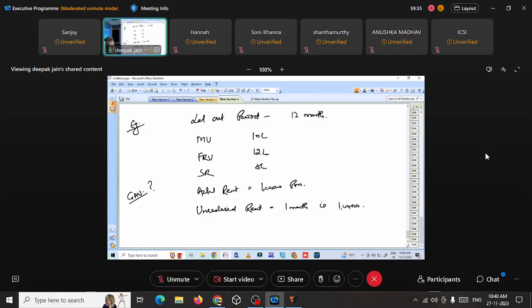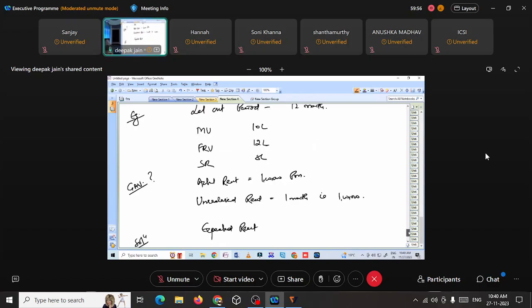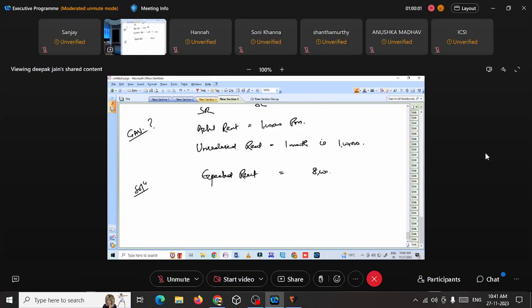As far as treatment of unrealized rent is concerned, you have two approaches. First, you have to compute expected rent. What is my expected rent, beta? 10 or 12, whichever is higher, 12. 12 or 8, whichever is less, 8. Approach 1: expected rent 8 lakh.